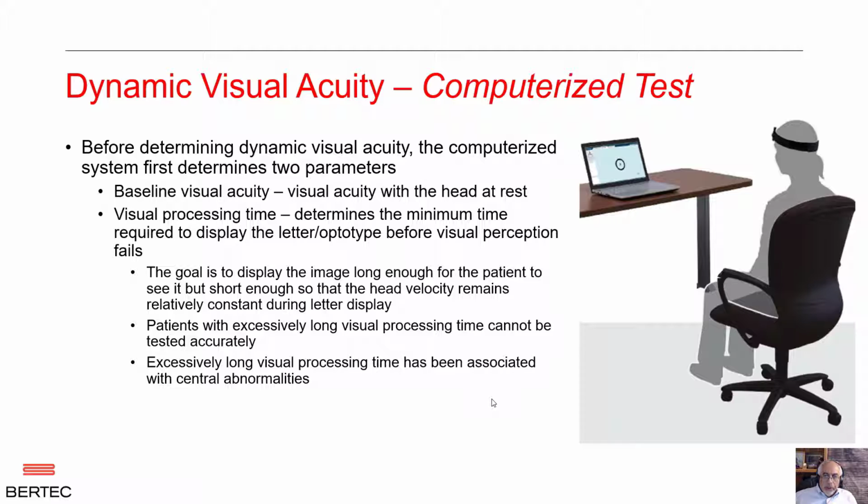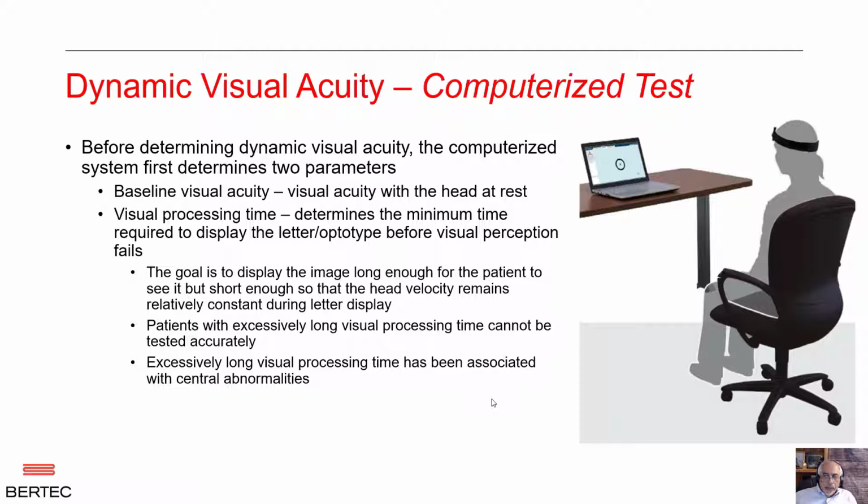Remember, one of the limitations of the bedside test was that the letters were displayed the whole time. The goal in the computerized system is to display the image long enough for the patient to see it, but short enough so that the head velocity remains relatively constant during the letter display.